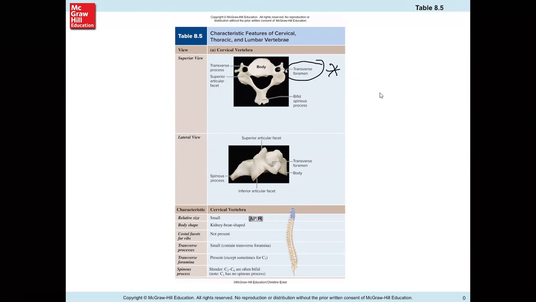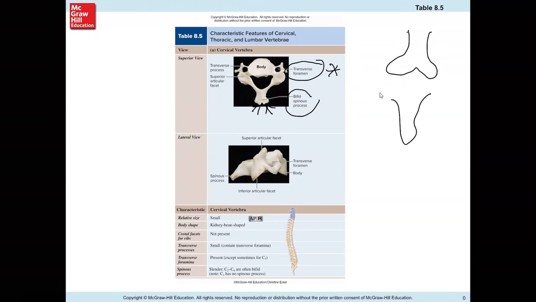They also have a spinous process that has 2 prongs on it. Okay, most of the spinous processes have 1 prong, but the ones in your neck have 2. They're little. The ones in your neck are a lot smaller than the other ones.